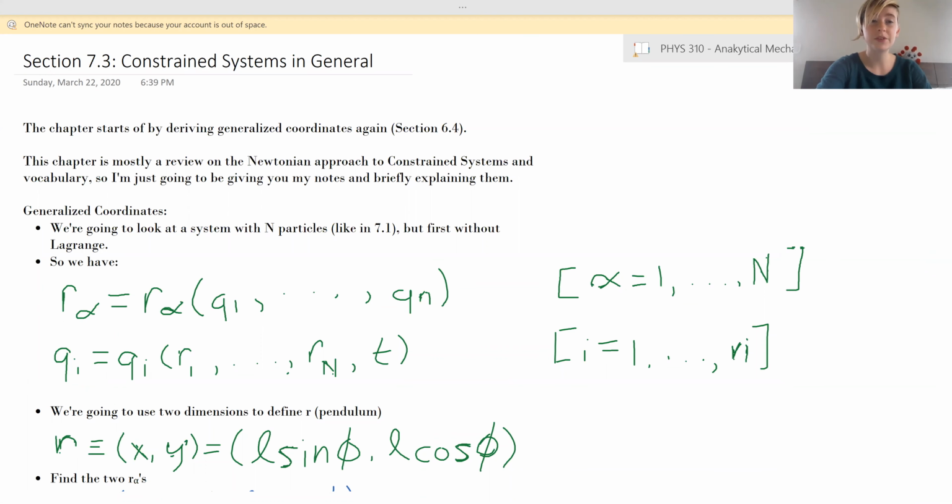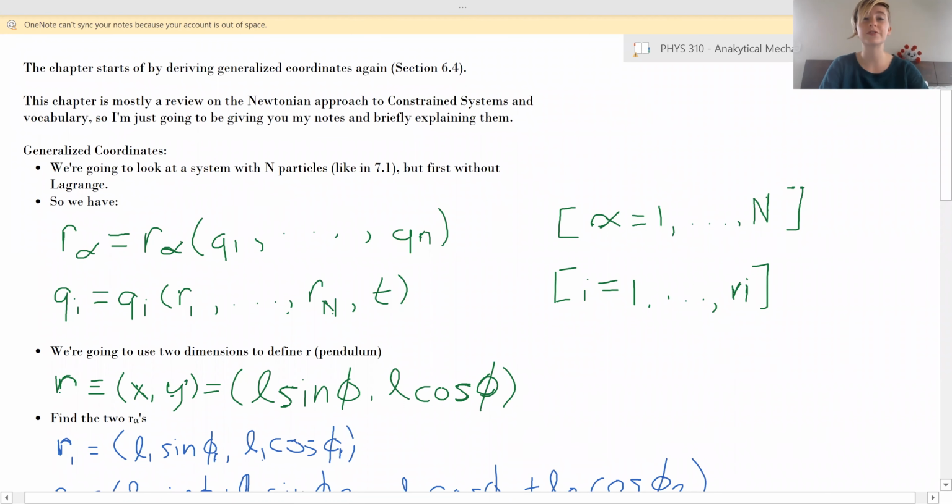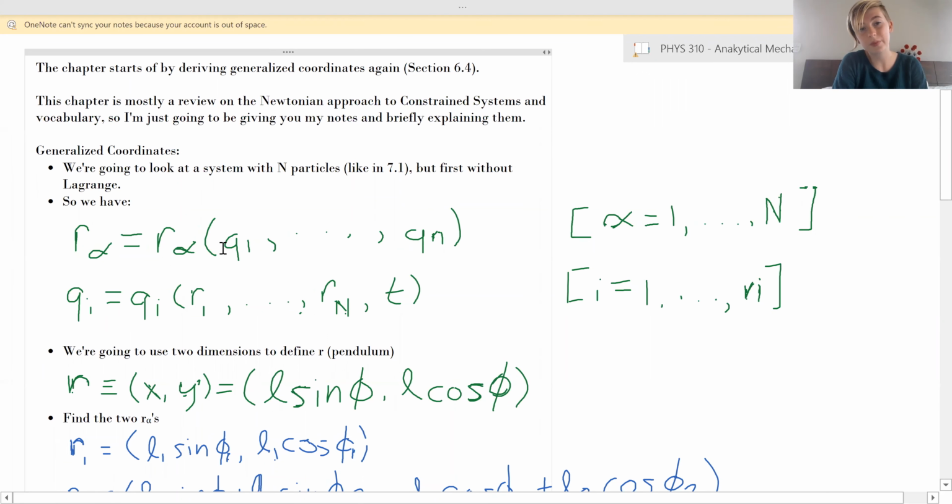So this chapter starts by saying, okay, we're going to use some general coordinates and just look at how they would look if we didn't use the Lagrange equations. And so what that's doing is right here.